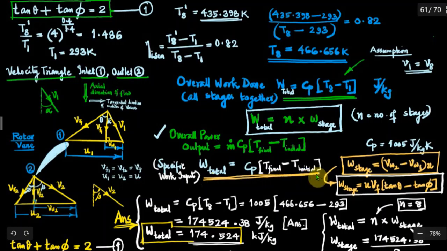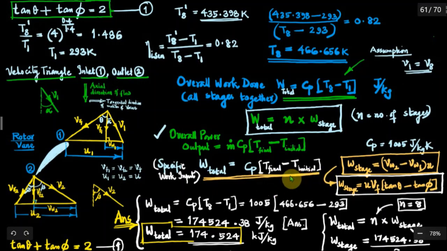This is the general expression I have written for you. And I already told you there is an important assumption that we can write these values in terms of static temperature only, because of the assumption that V1 is equal to V8, in this case 8 stages. So the absolute velocity of air entering is the same as the absolute velocity of compressed air leaving the compressor. With that assumption, we can write the work done expression in terms of static temperatures.